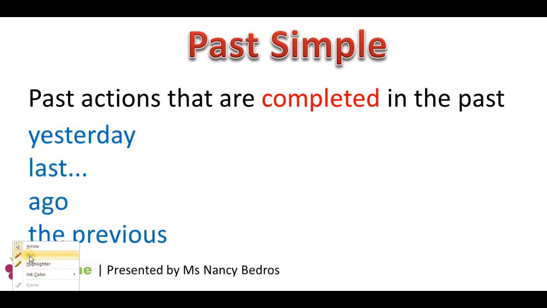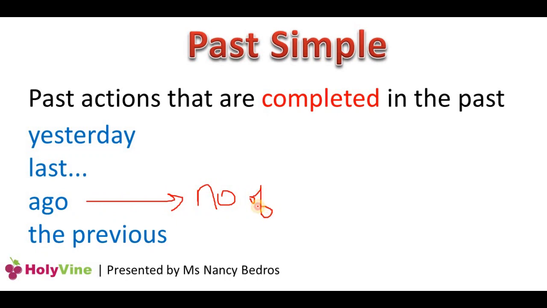Now you need to watch something. With ago, there has to be a number of anything. For example, number of days, 5 days ago. Number of weeks, 5 weeks ago. Number of years, 3 years ago.